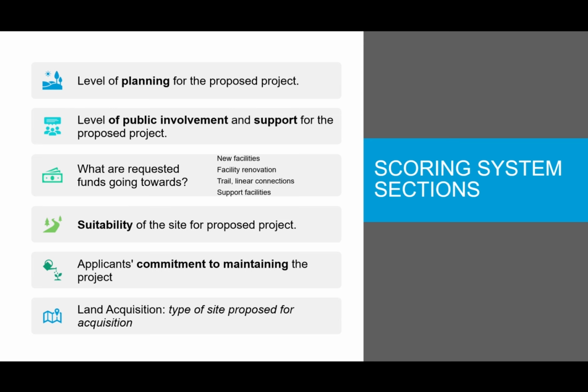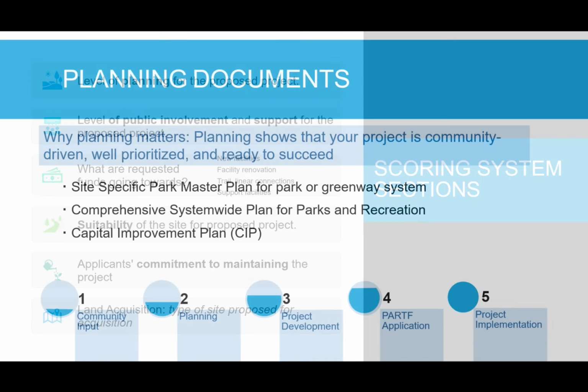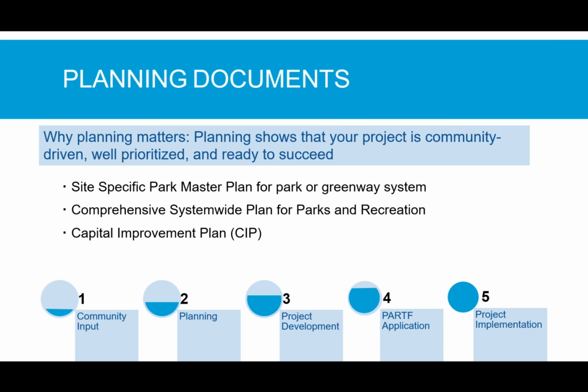We also look at the suitability of the site for the proposed project, the applicant's commitment to maintaining the project, how is the park going to be kept up, open to the public to use. And then finally, if you're doing land acquisition, there is the type of site proposed for acquisition that has a score evaluation. So let's start with planning documents.